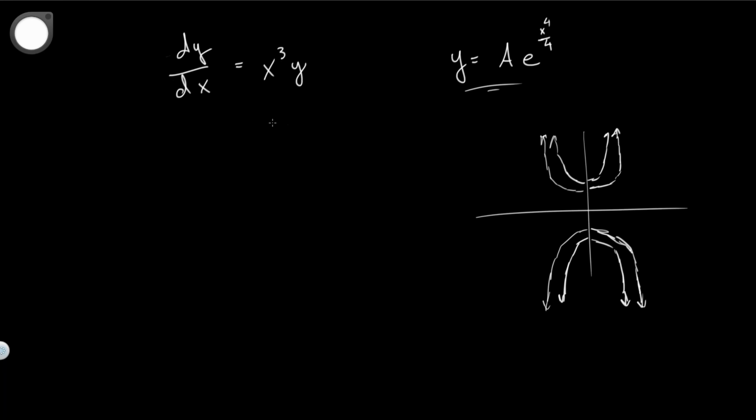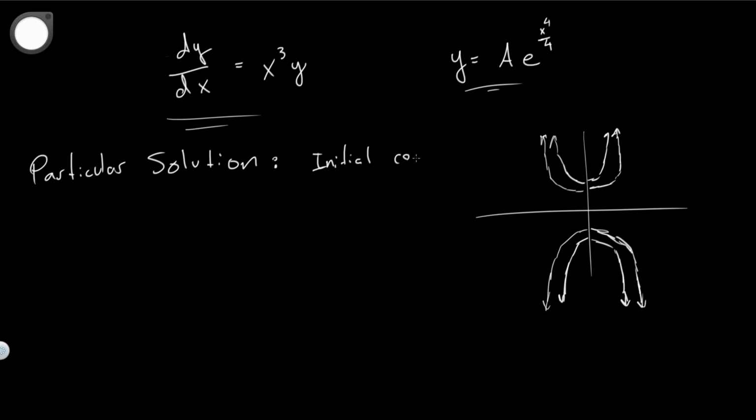Well, the way we solve this for a particular solution is that we are given another piece of information, like almost always. We are given an initial condition. For example, I want a solution to this differential equation that also satisfies the initial condition.